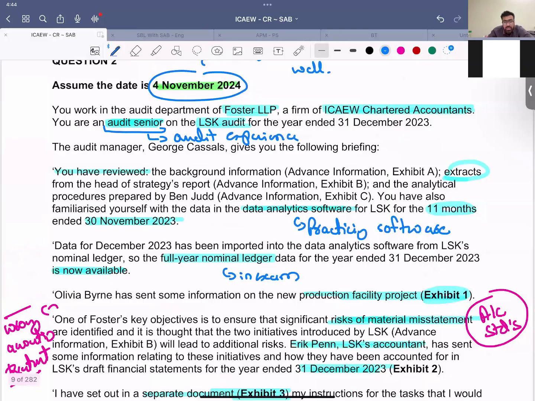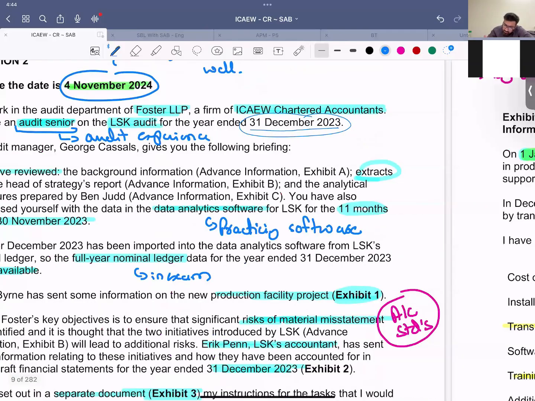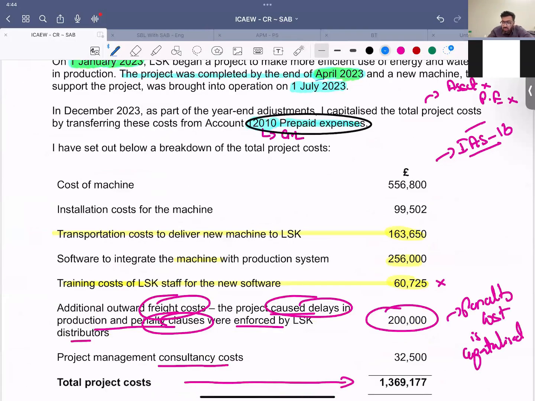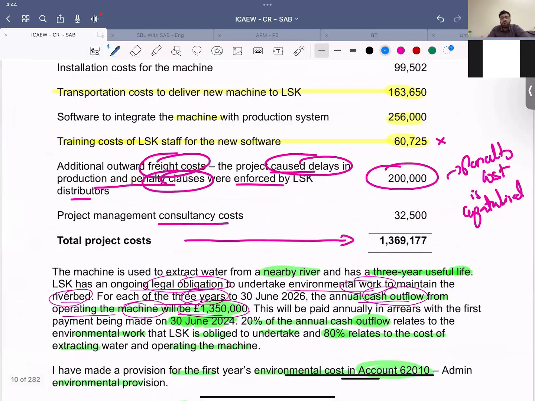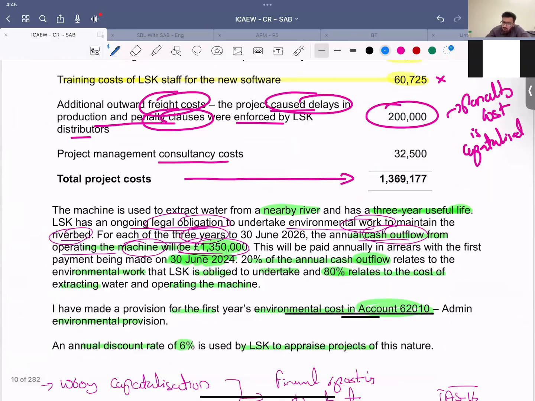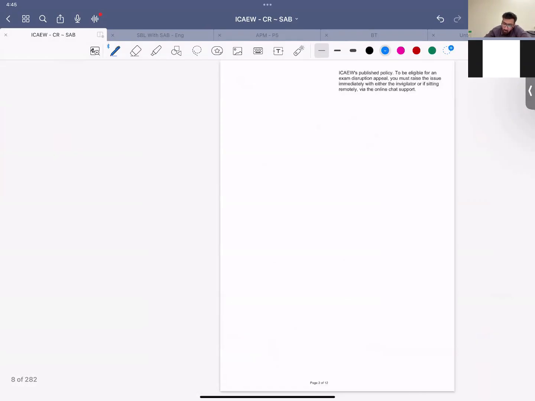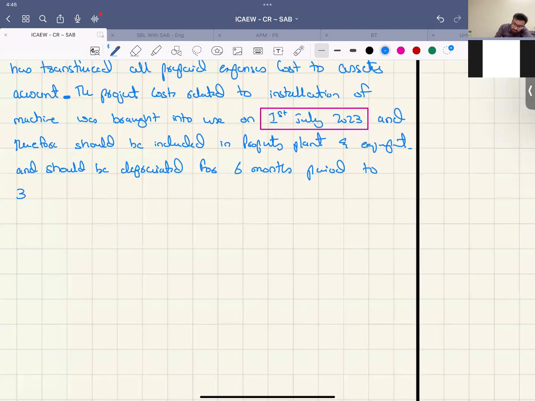If the machine was ready by 1st July and in operation, it should be depreciated as well. Once we analyze the advance information, we'll get an idea that this isn't depreciated at all. So we say period 2, 31st December 2023.